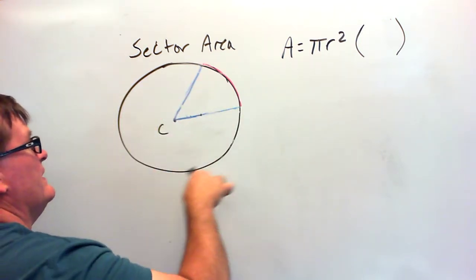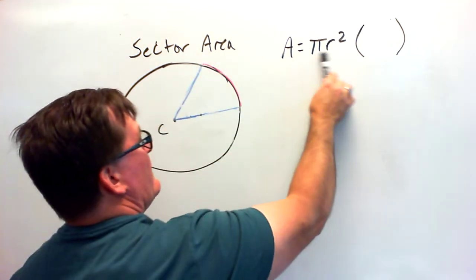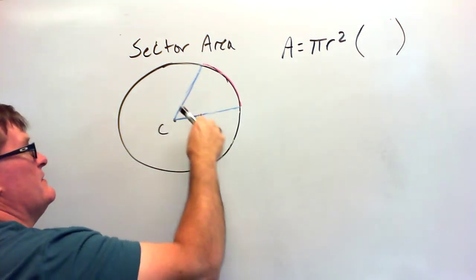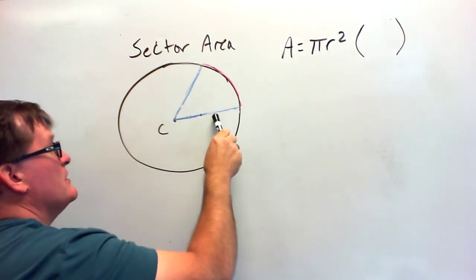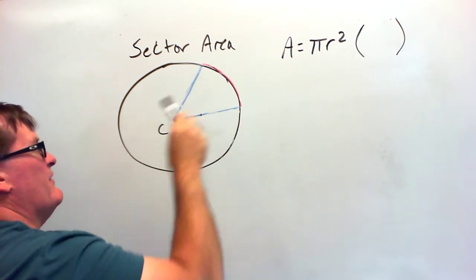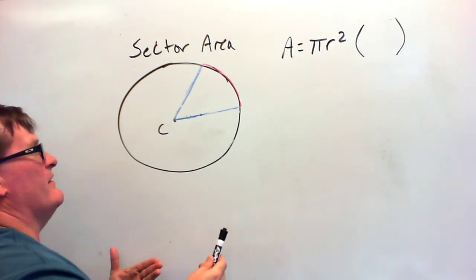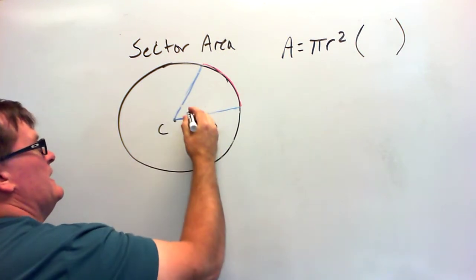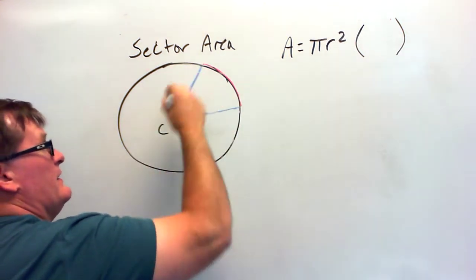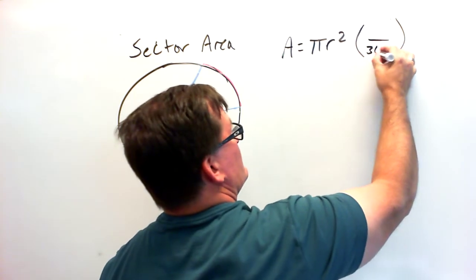We know the area of an entire circle is pi r squared, but if I'm finding the area of only a piece of it, then I want to know what fractional part that is, and if I multiply that fractional part times the entire area, I'll have the area of that small piece. Well, the fractional part is related to, we know that a circle has 360 total degrees.